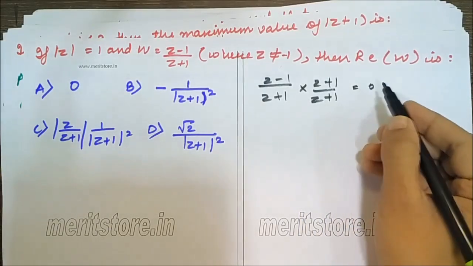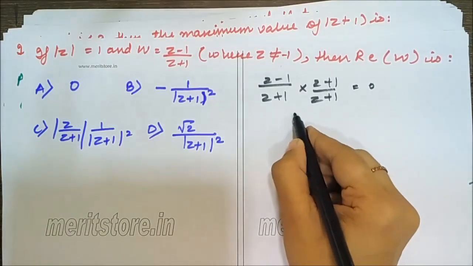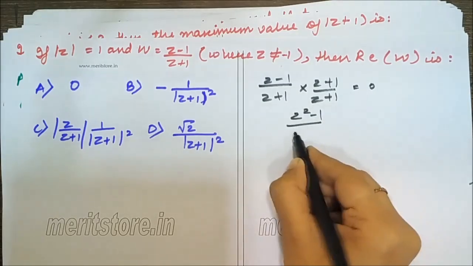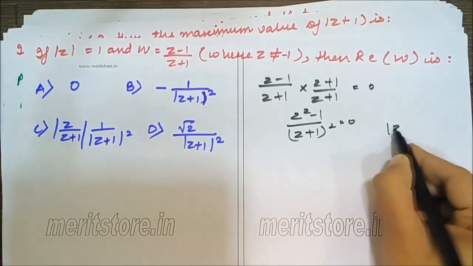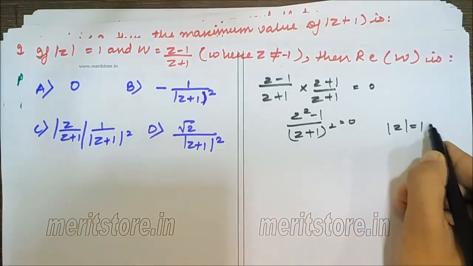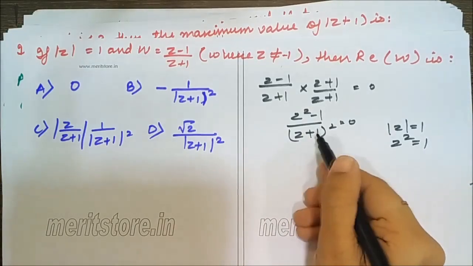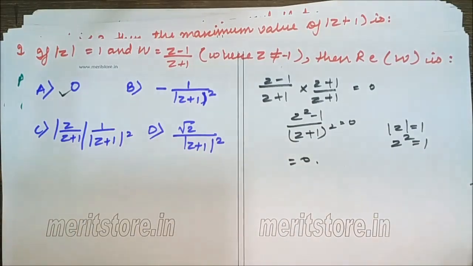So what you get is z square minus 1 upon z plus 1 the whole square. Now we know that modulus of z is equal to 1 and z square is also equal to 1, and 1 minus 1 is 0. 0 upon anything will be 0.